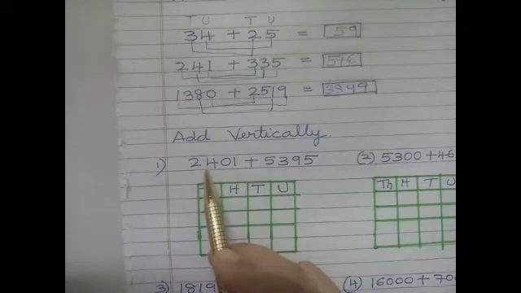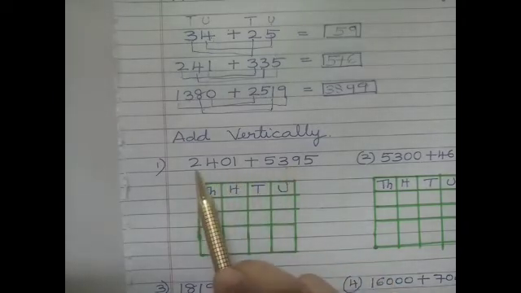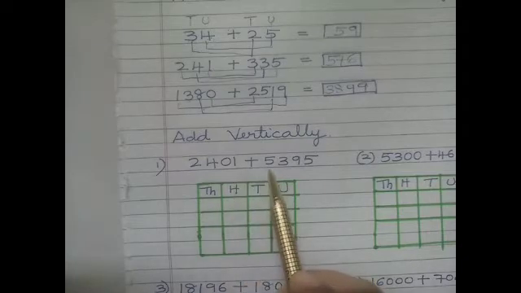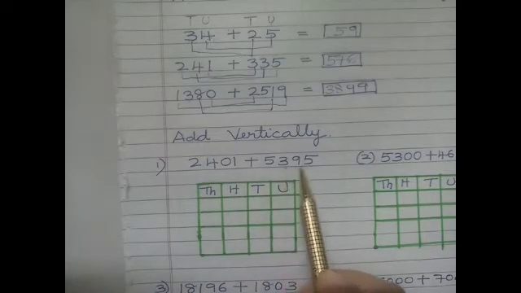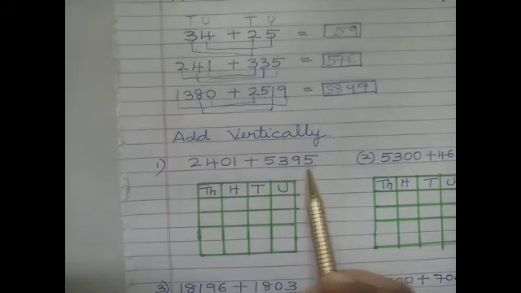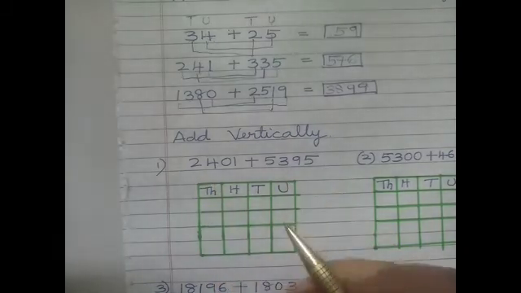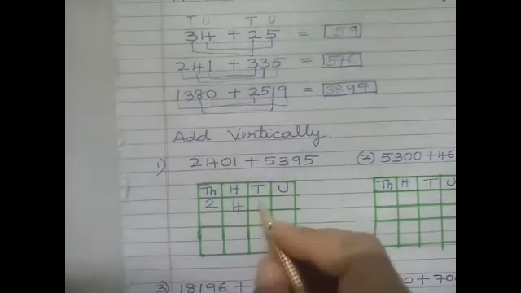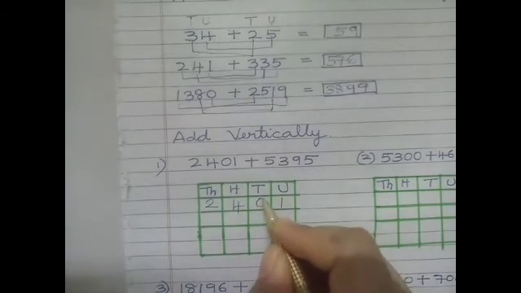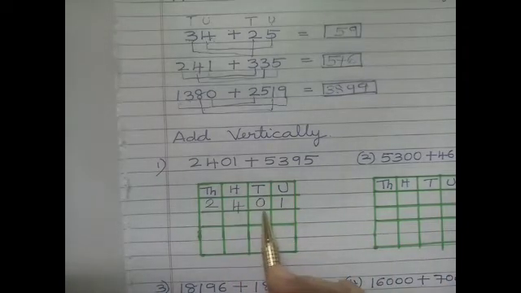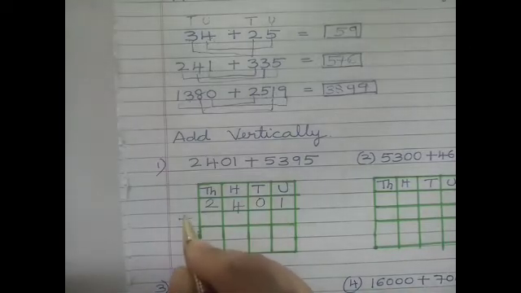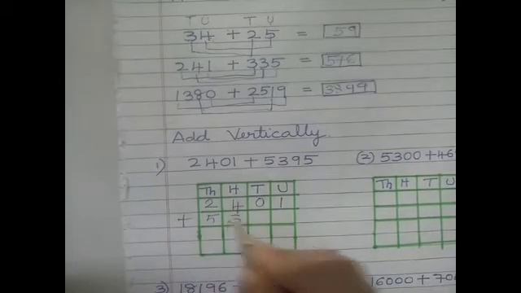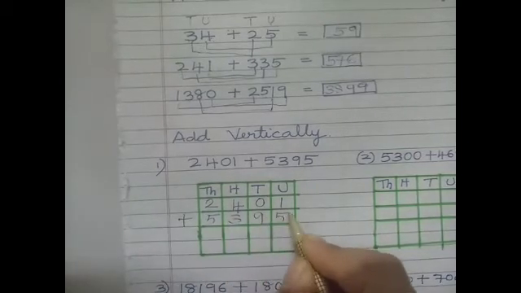The first question here is 2401 plus 5395. So let us write the number here. 2401, put a plus sign, 5395.